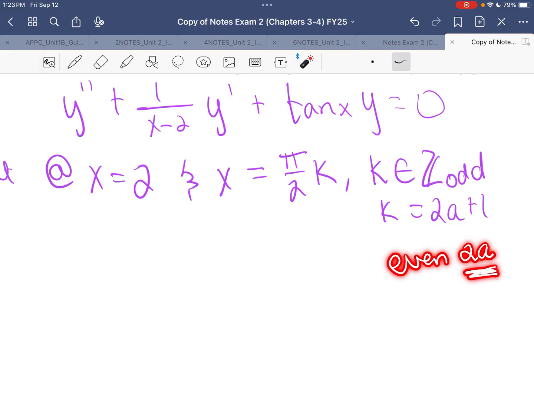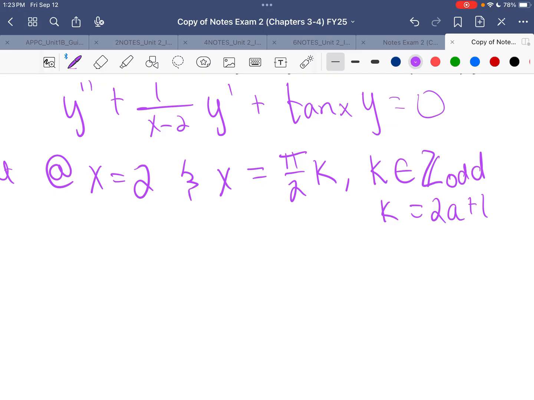That's the definition of even, that it's divisible by 2. Then we just add 1 to make it odd. You could subtract 1, it's just usually we add 1 so that if we're starting at 0, we're not going into negatives. It doesn't really matter though.